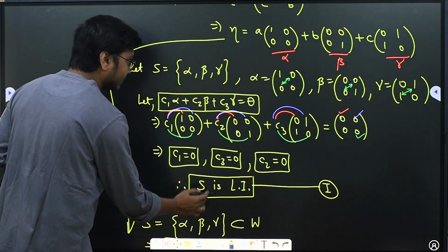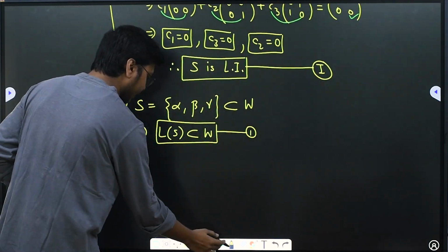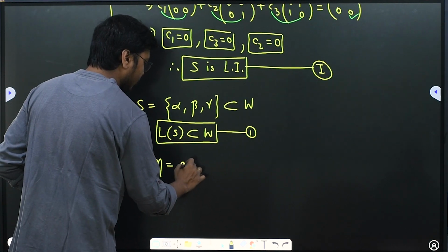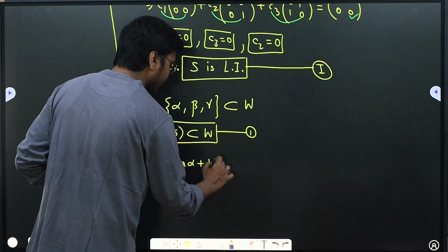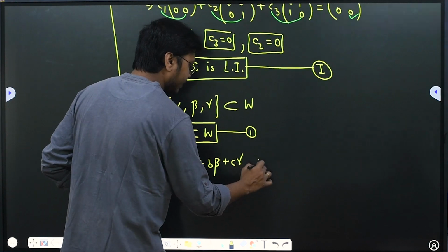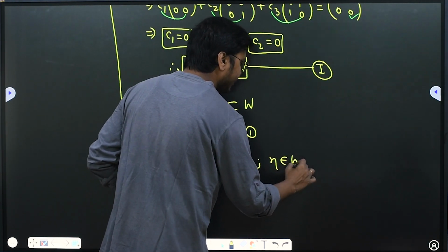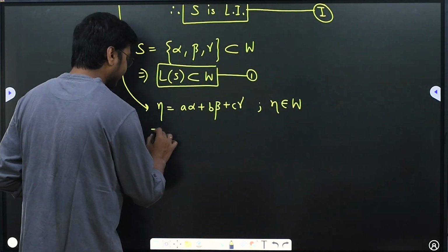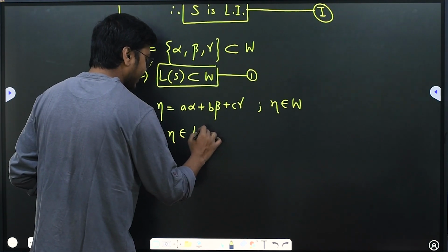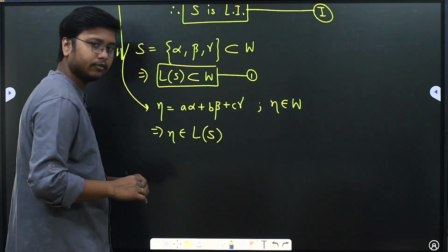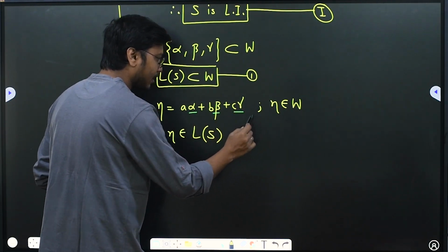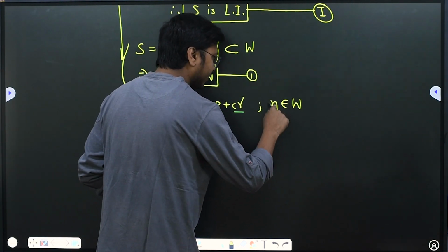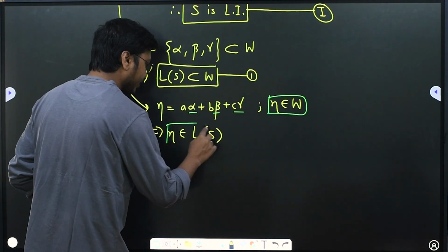From that expression I can say that I have already got eta equals A alpha plus B beta plus C gamma, where eta was a random element taken from W. From this expression we can say that eta belongs to the linear combination of the elements of S, because alpha, beta and gamma are the elements of S. So eta was taken from W and eta ultimately belongs to L of S.